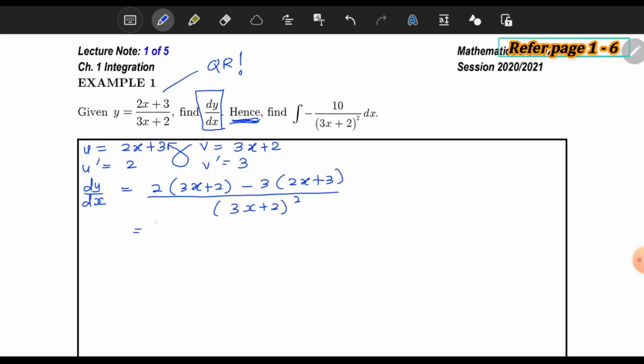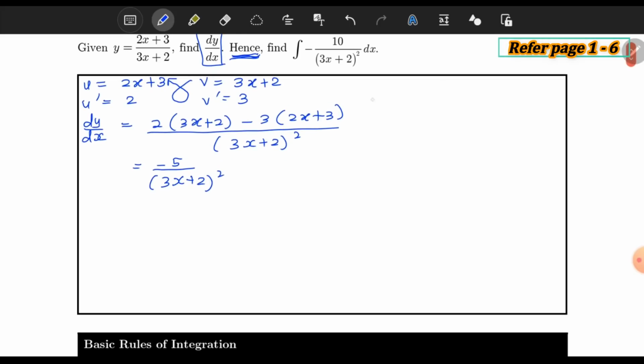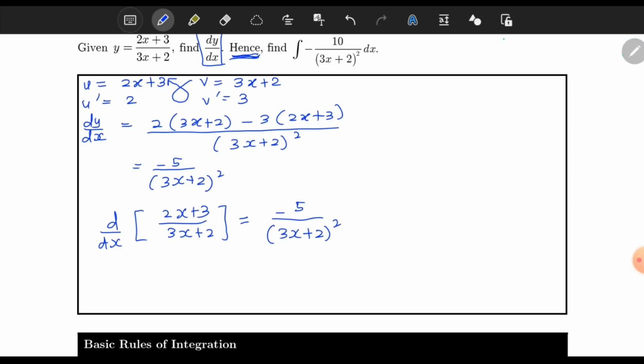And if we try to simplify, we will get negative 5 over (3x plus 2) squared. So from the answer here, we can write d/dx of (2x plus 3) over (3x plus 2) equal to negative 5 over (3x plus 2) squared. So this is the answer for the derivative.